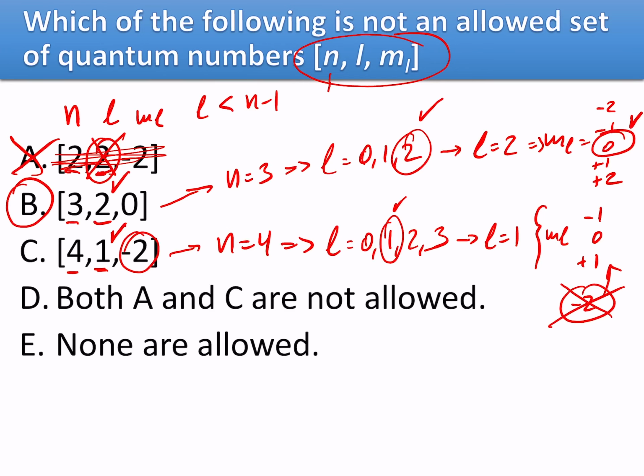Okay, -2 is not an allowed number for ML given the combination of numbers that you have here. So this is not an allowed set of quantum numbers. So therefore our answer is the set of quantum numbers that is allowed here is 3, 2, and 0. Okay?